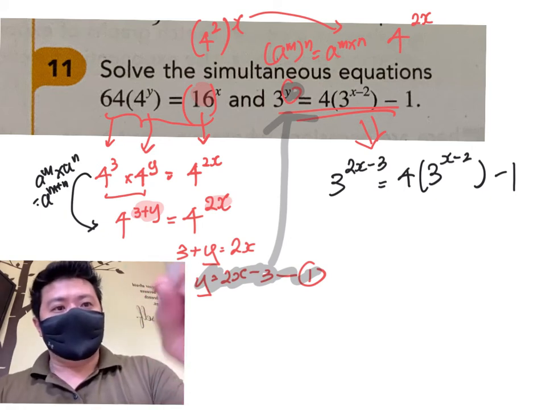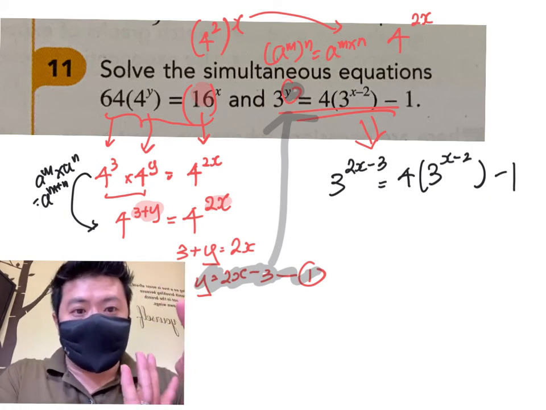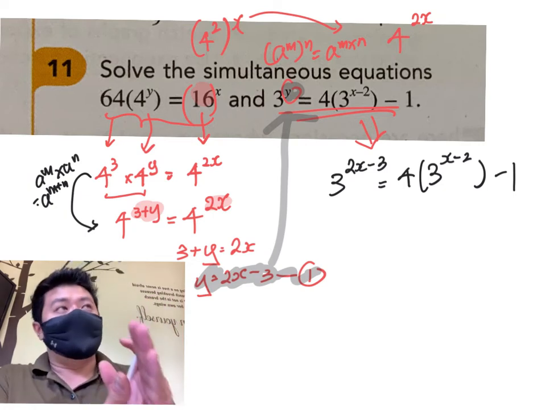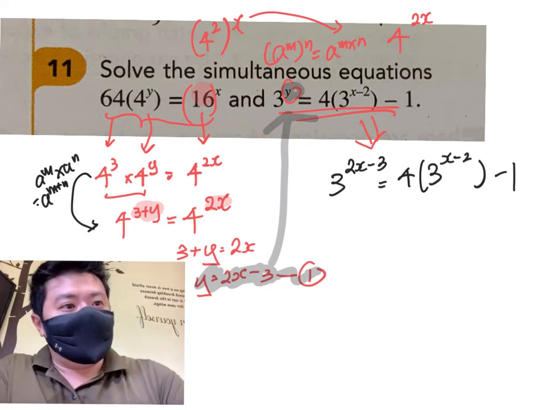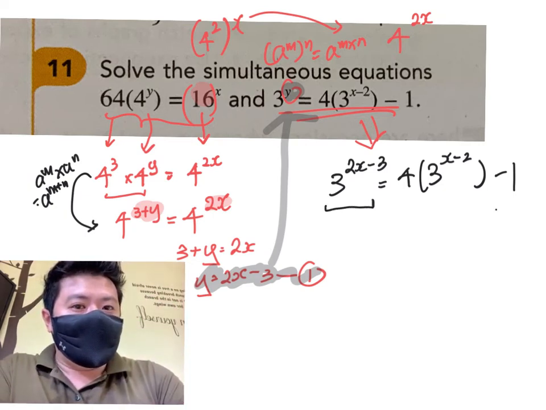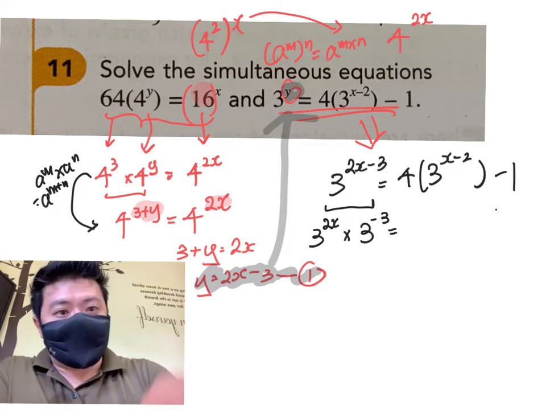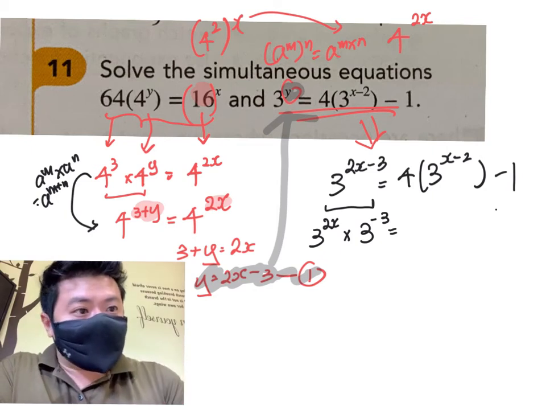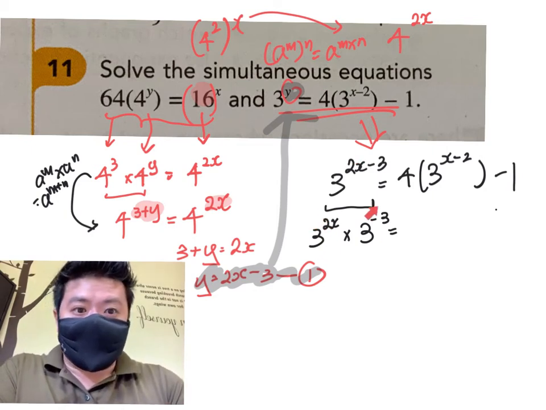Okay, so from here, in order for us to introduce the sub, we have to first split them up. I'm going to try to show you how I'm going to split these two terms. This is going to be the same as 3 to the power of 2x multiplied by 3 to the power of minus 3. Okay, so far? So 3 to the power of 2x, 3 to the power of minus 3.